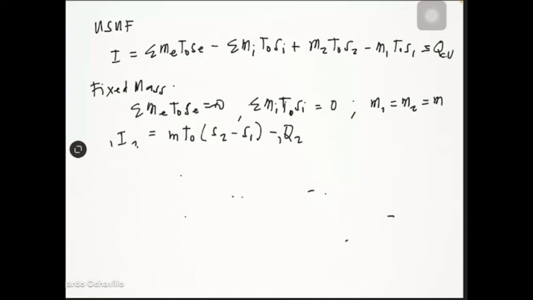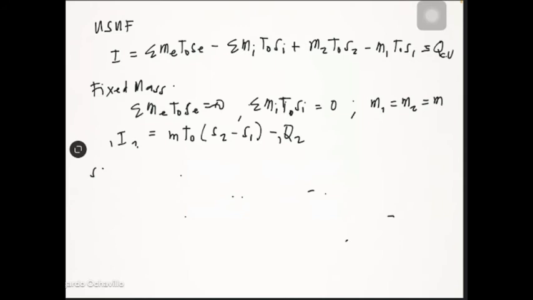And for the steady state, steady flow process, we have in here, this is our assumption, M2 TO S2 is equivalent to M1 TO S1, right? So if that is equivalent, therefore we have this irreversibility.